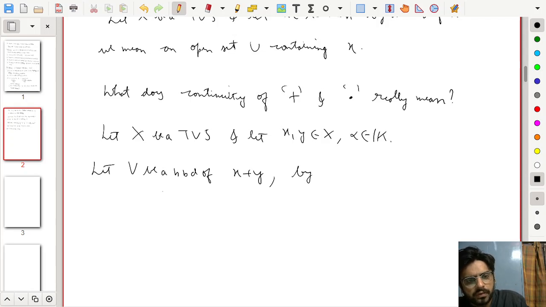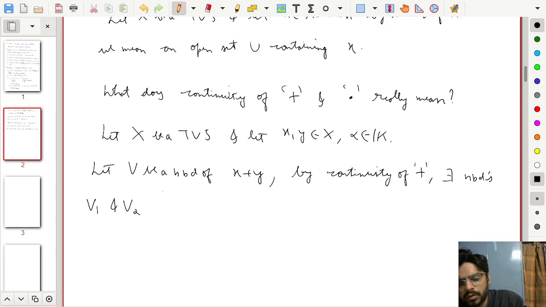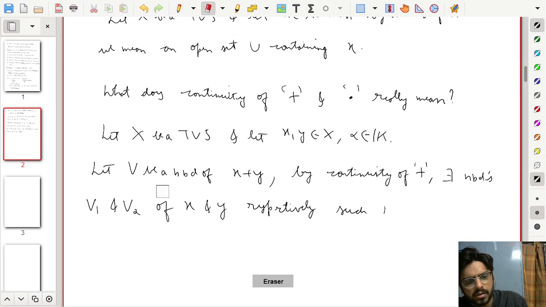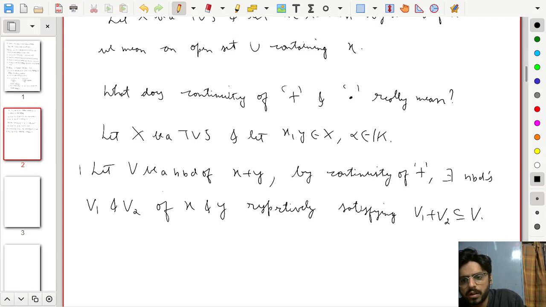By continuity of plus, there exist neighborhoods V1 and V2 of x and y respectively, satisfying V1 plus V2 is contained in V. Right?